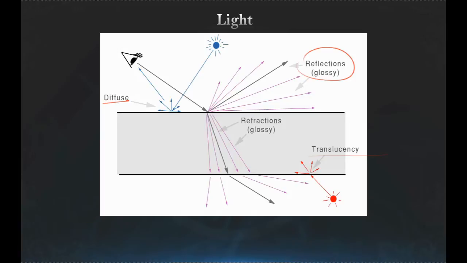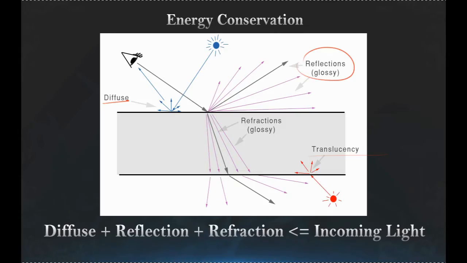And while we are on the subject, the other very important thing here is that we are now adhering to a more physically correct lighting system, right? And that actually means that we have to adhere to the first law of thermodynamics, which states that energy just can't come out of nowhere. For us texturing folk, this means that every material contribution that we get has to be less than or equal to the incoming amount of light.